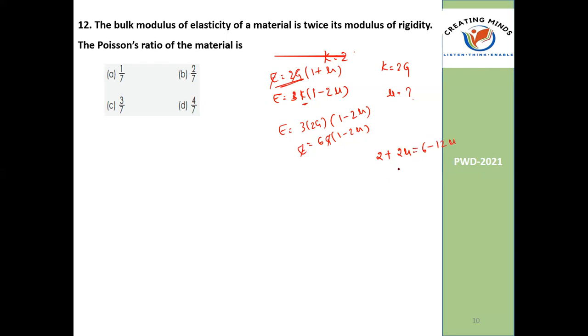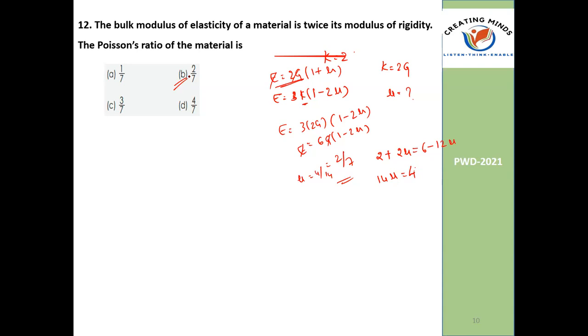If you take 2 mu to this side, you get 14 mu equal to 6 minus 2, which is 4. So mu is 4 by 14, which is 2 by 7. Any doubts?